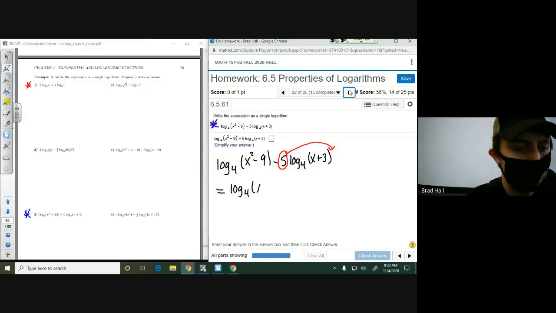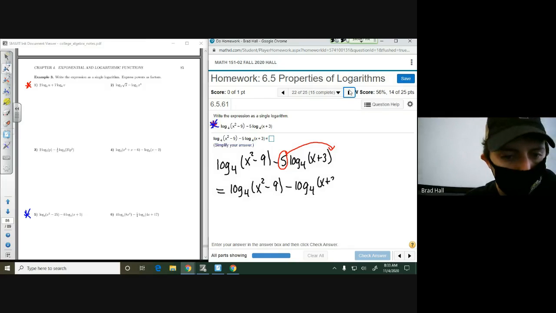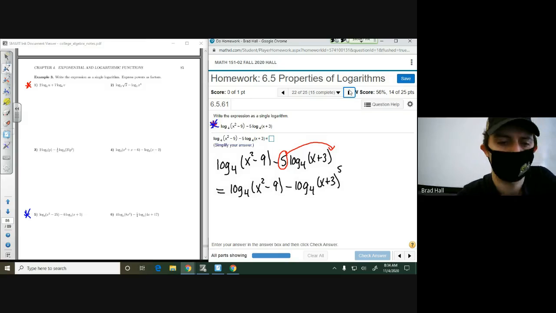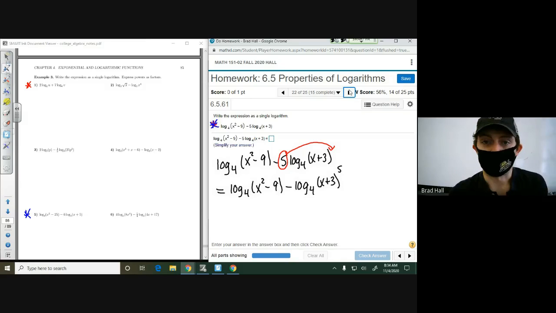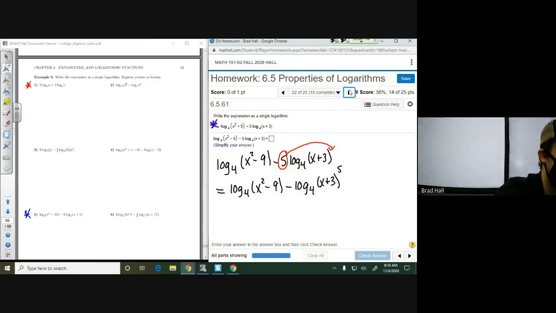So as soon as we apply the exponential rule, now we can combine the logarithms together using whatever rule corresponds to a subtraction of logs, which is the quotient rule.